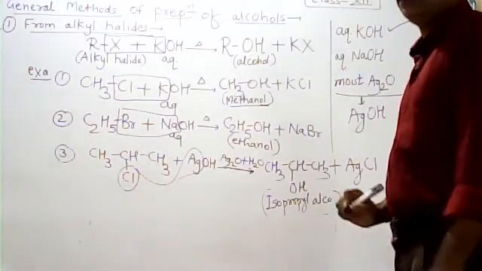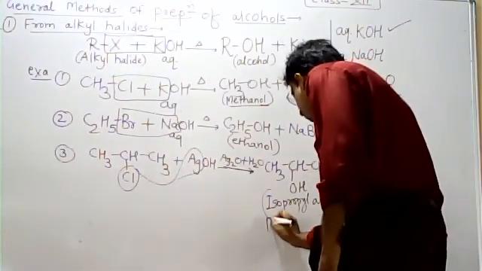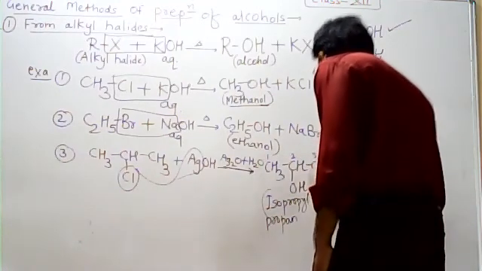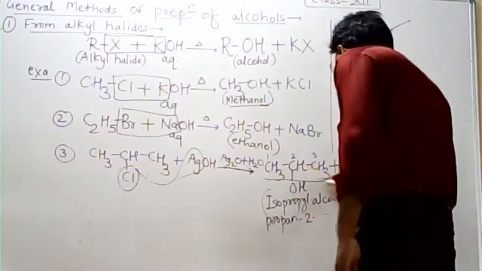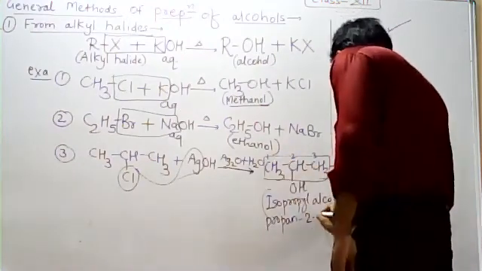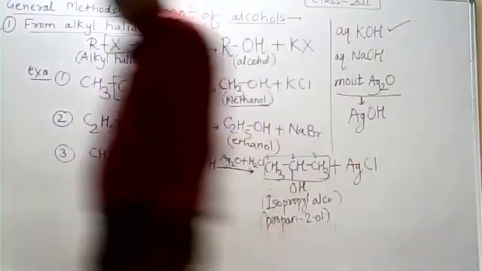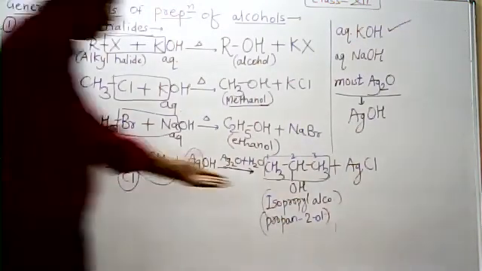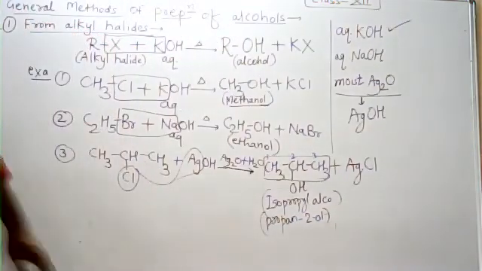Isopropyl alcohol. Then IUPAC name propan-2-ol. Propane, 3 carbon atoms, 1, 2, 3. So in propane, at 2 position, hydroxyl group is attached. So propan-2-ol is the name, or 2-propanol. किंवा त्याला propan-2-ol म्हणतात, आजकाल मध्ये तो नंबर टाकतात, किंवा 2-propanol. So propan-2-ol is the product.